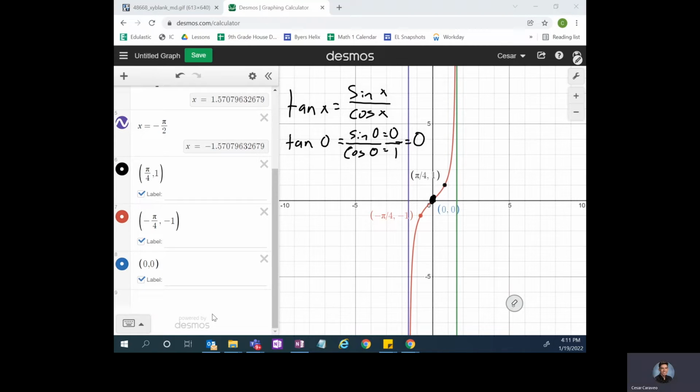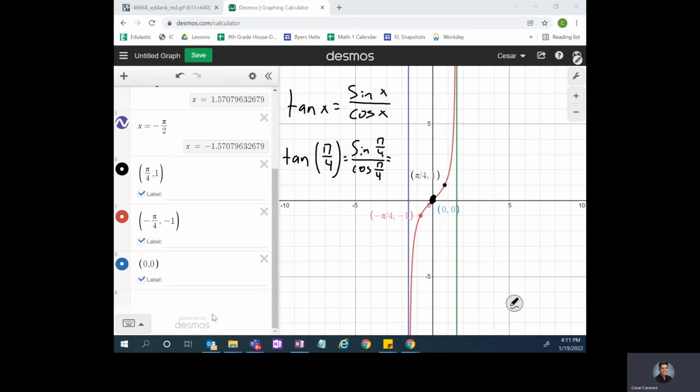Now the other 2 points, if you think about it, remember on a unit circle, when we plug in tangent of pi over 4, that's sine of pi over 4 over cosine of pi over 4.